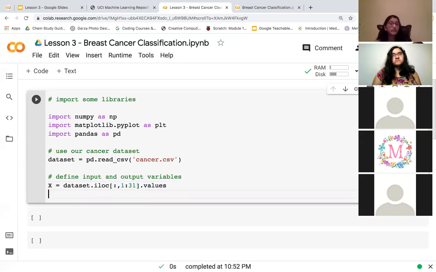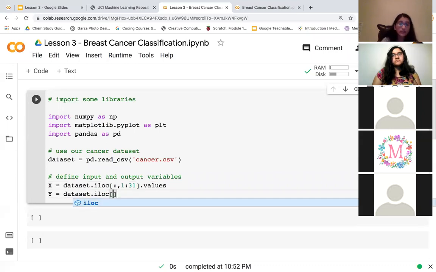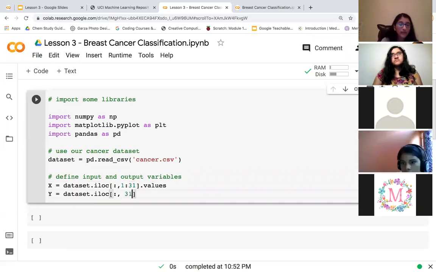For Y, we do essentially the same idea, but we still want all of the rows, and now we only want the last column. That's what this means right here: 31, you just want that 31st column.